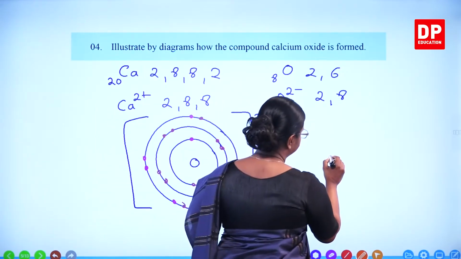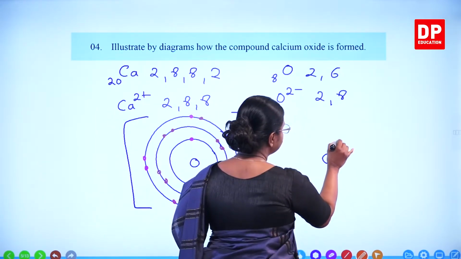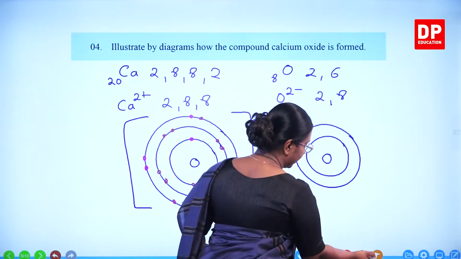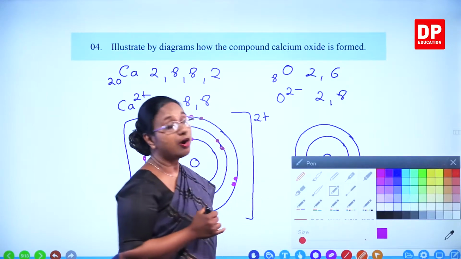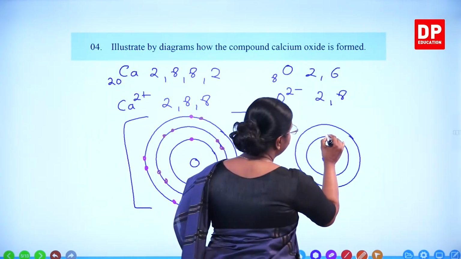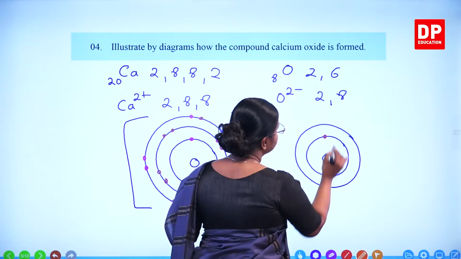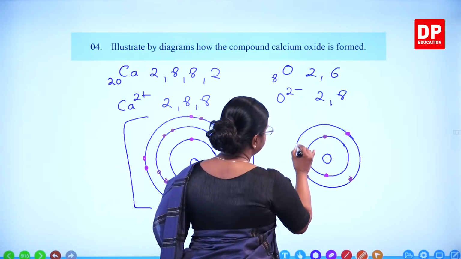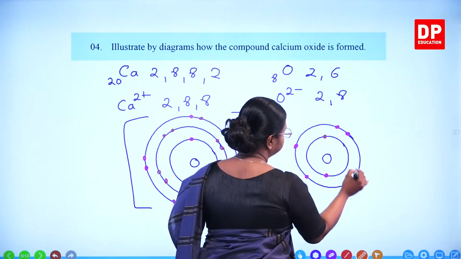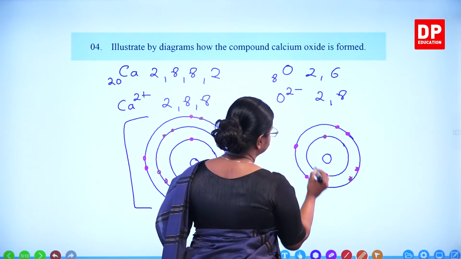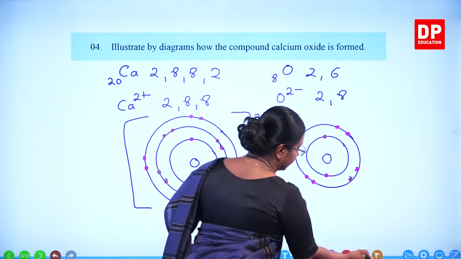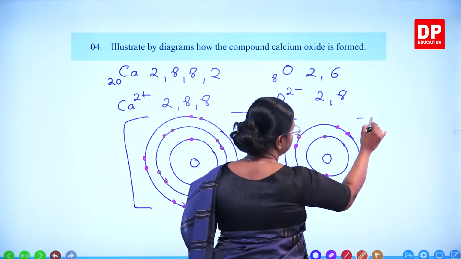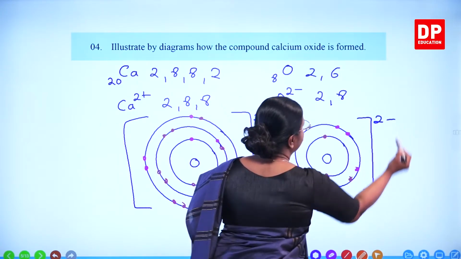And on this side, we have the nucleus, the first energy level, and the second energy level of oxygen. So how many electrons? 2 electrons in the first energy level and 8 electrons in the second energy level. Here you can see 8 electrons and there are 2 negative charges, 2 minus.